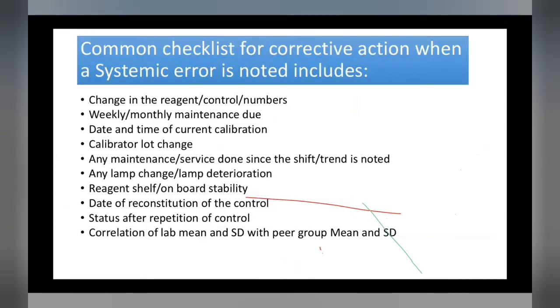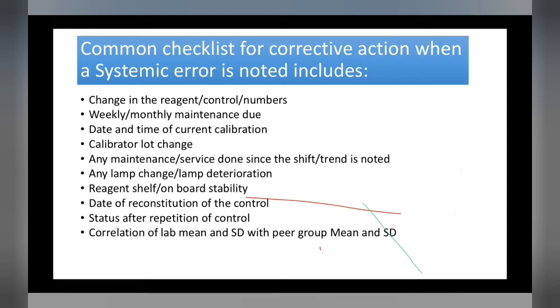Now suppose you're getting variation in your result. What is the possibility? There may be inaccuracy, there may be imprecision. If you are getting variation, there may be some change in the reagent or some change in the control, or some maintenance required was not performed. Some problem may be related to calibration.